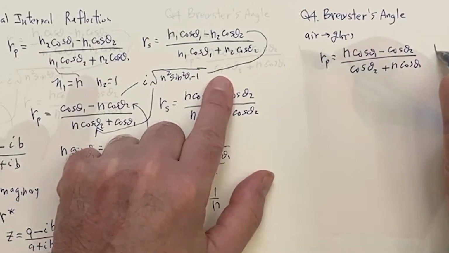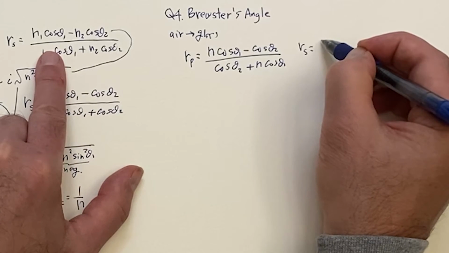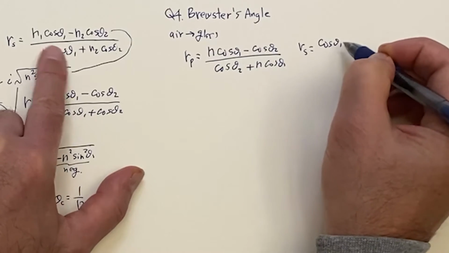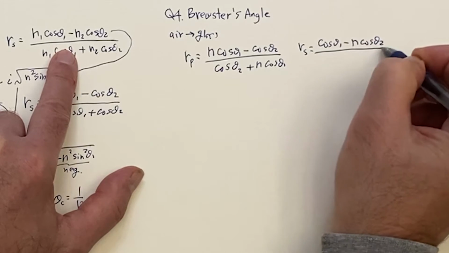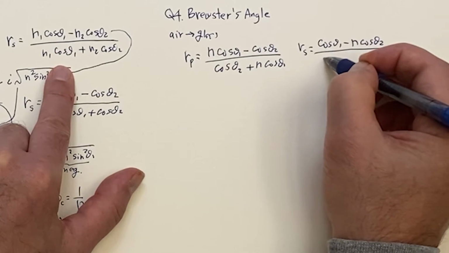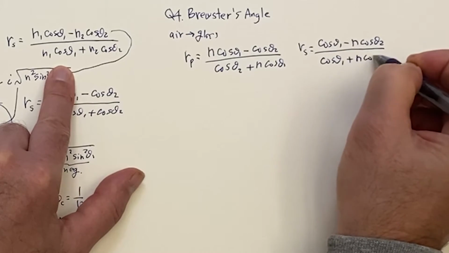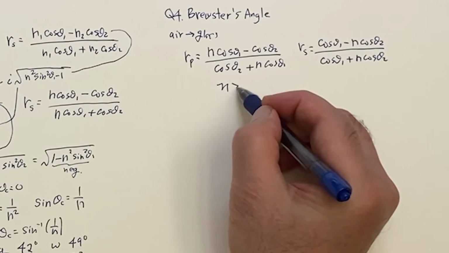This one is going to be the air. So I'm going to have cosine theta 1, that's the air, minus N cosine theta 2, over cosine theta 1, the air, plus N cosine theta 2. Now here, N is greater than 1.